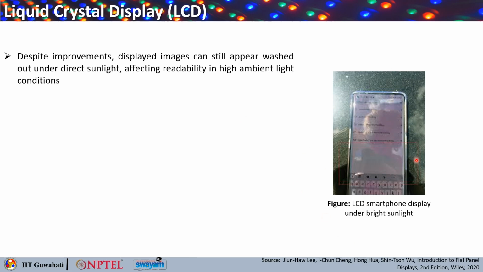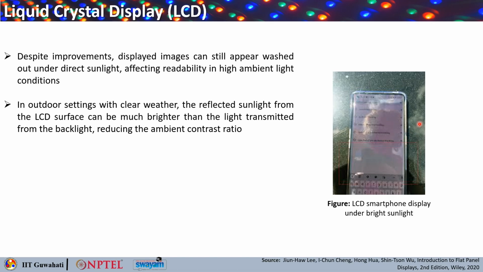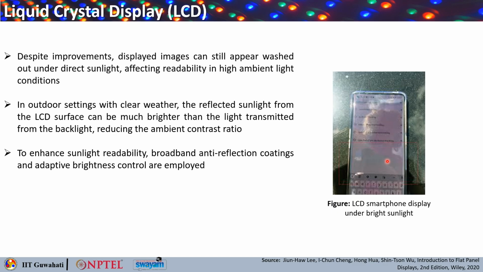So, here is an example of an LCD smartphone display under bright sunlight, and it is very difficult for you to see, because in outdoor settings with clear weather, the reflected sunlight that is coming from the LCD surface is much brighter than the light that is being emitted by the LCD display itself. So, it will basically reduce the ambient contrast ratio.